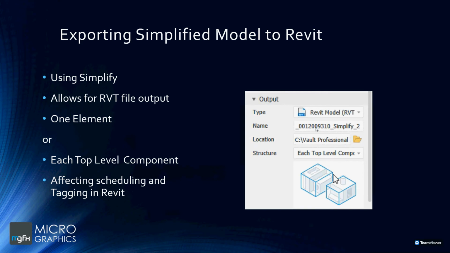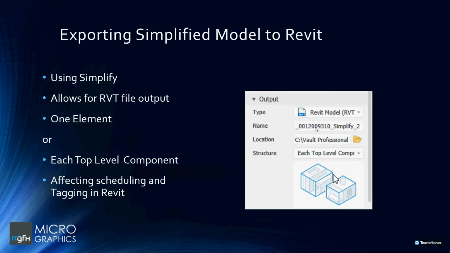The first option is one element, where your entire assembly that you've created, whether it be a complete assembly line, or in our case, a small machine shop, that would be treated as a single item. So if you did a schedule in Revit or tagged it in Revit, you would get a single item number for that. Our second option, which is the one shown there, is each top level component.